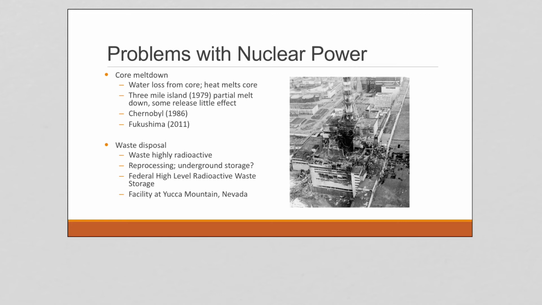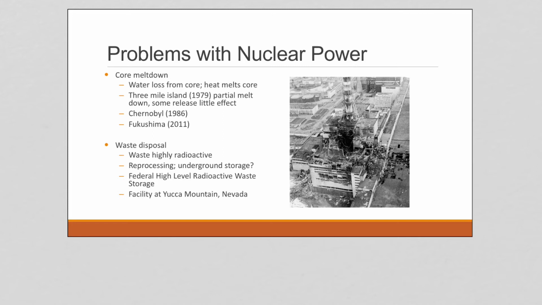Now, there was Chernobyl in 1986, which had huge repercussions in terms of the amount of radioactive material released, traveled all around the world in the atmosphere, left hundreds of thousands of people displaced, and led to large swaths of land being uninhabitable for long periods of time, still up to this day, really. That most of that area is not fit for human habitation. And then, of course, we had Fukushima in 2011.